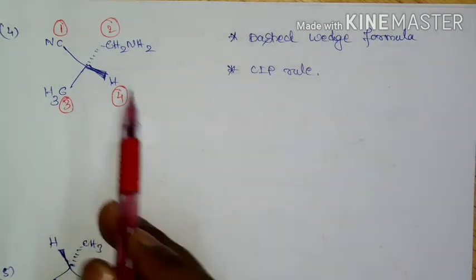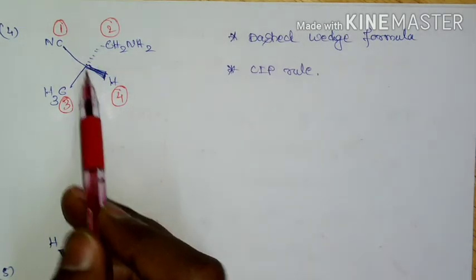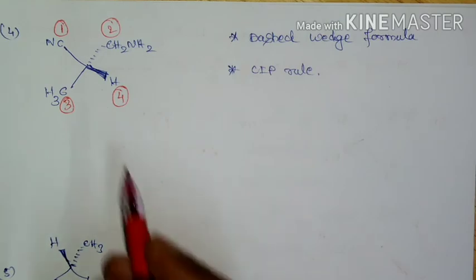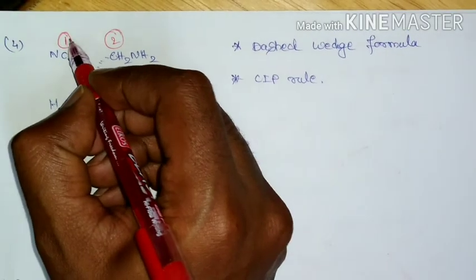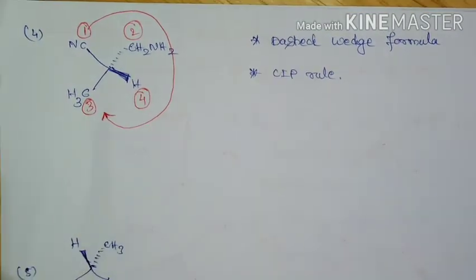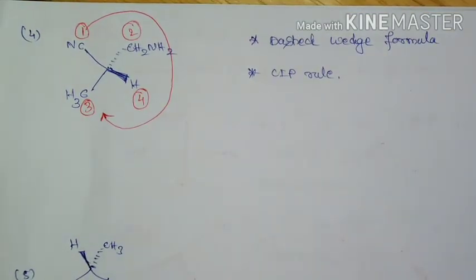Now we need to see that the fourth group is placed towards the observer. Now if we see the movement of priorities 1, 2, 3, it will be clockwise, but the fourth group is placed towards the observer, or the fourth group is placed above.